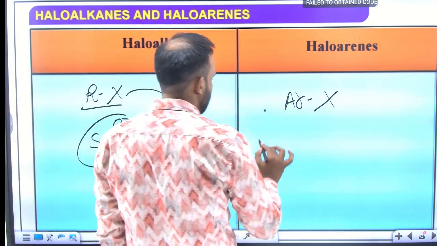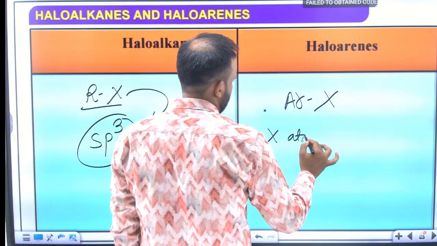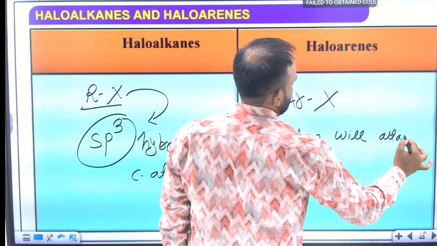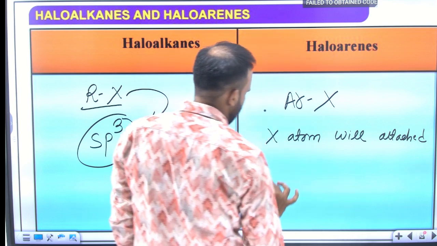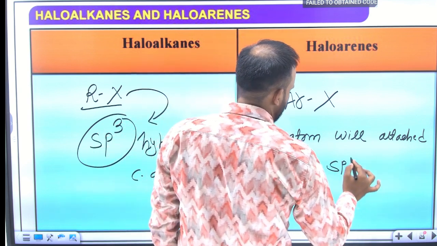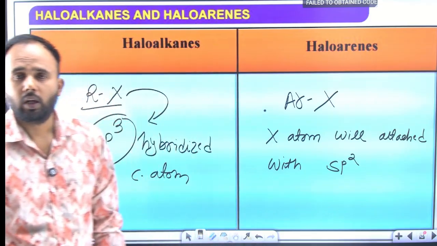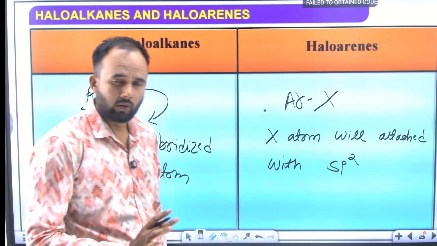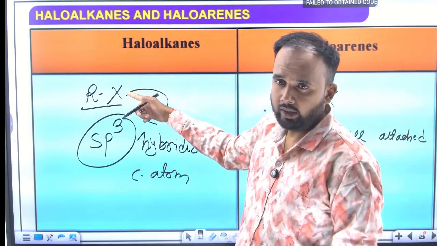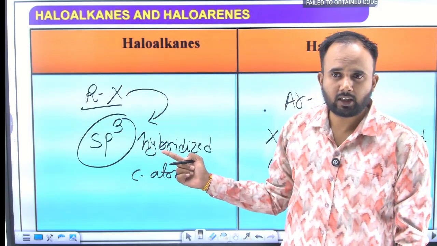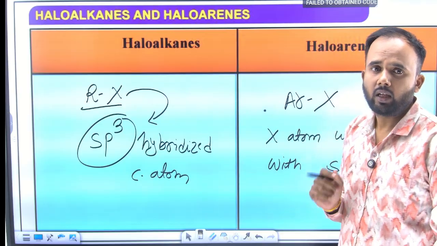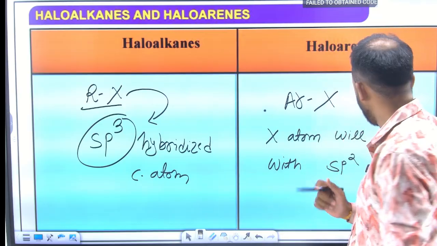In haloarenes, the halogen atom is attached to an sp2 hybridized carbon. Got it? The main key difference is that in haloalkanes the halogen atom is attached to an sp3 hybridized carbon atom, and in haloarenes the halogen atom is attached to an sp2 hybridized carbon atom.